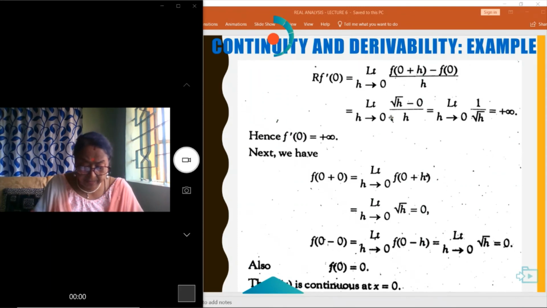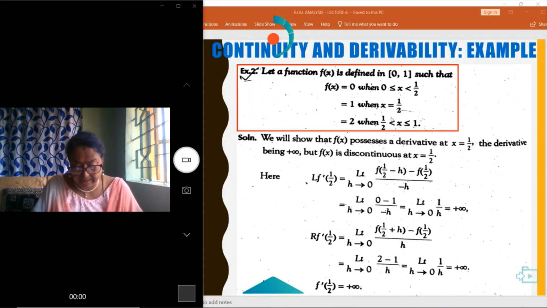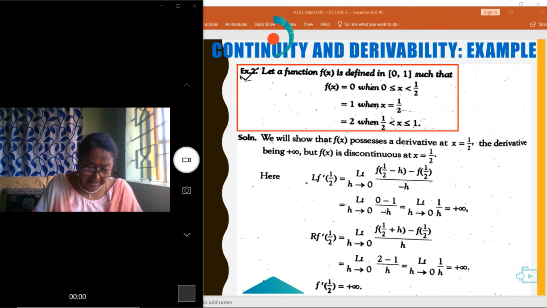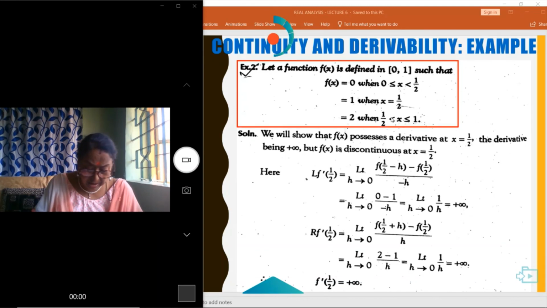Now, take another example. f(x) is equal to plus root x when x is greater than or equal to 0, and equal to minus root x when x is less than or equal to 0. Left hand f'(0) can be written as limit h tends to 0 of f(0 minus h) minus f(0) by minus h.